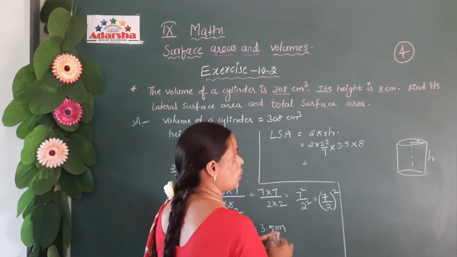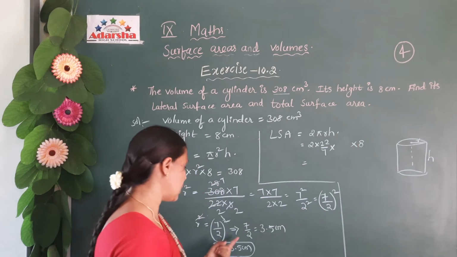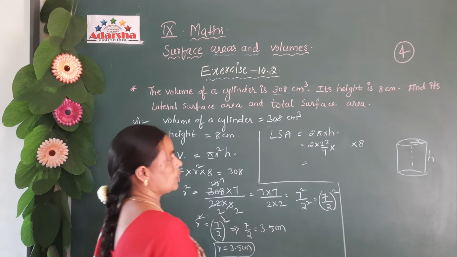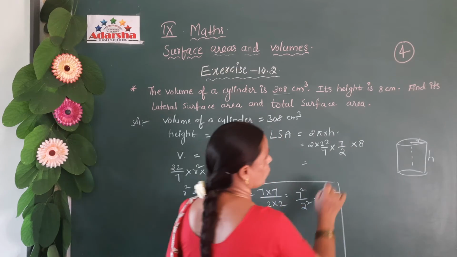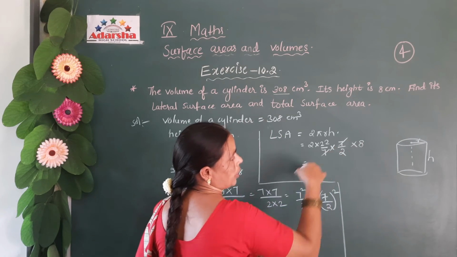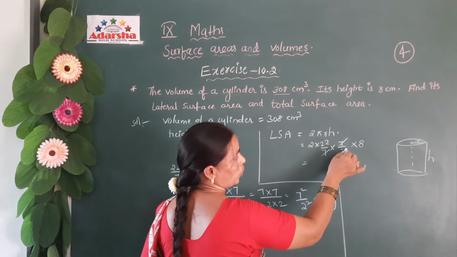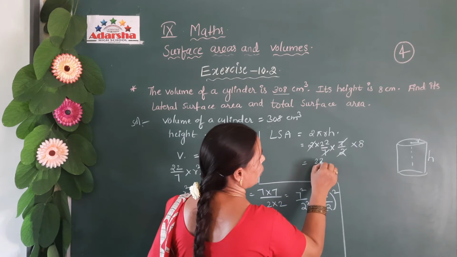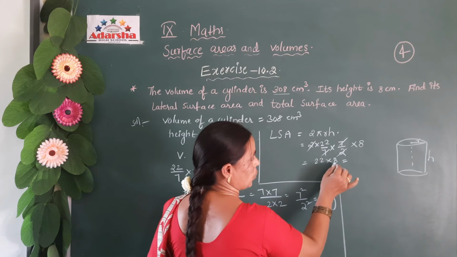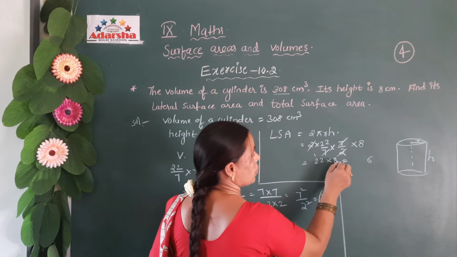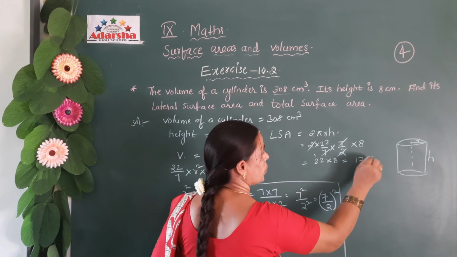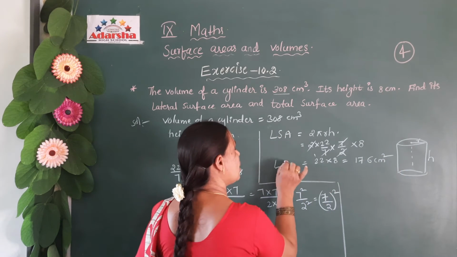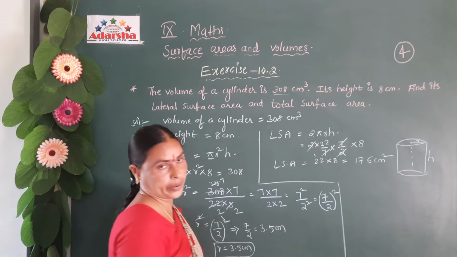Here in place of 3.5 I am substituting 7 by 2. Here numerator 7 and denominator 7 get cancelled. Here numerator 2 and denominator 2 get cancelled. What is left in the numerator? 22 into 8. 8 2s are 16, 8 2s are 16 plus 1, 17. 176 centimeters square is the LSA of the cylinder.